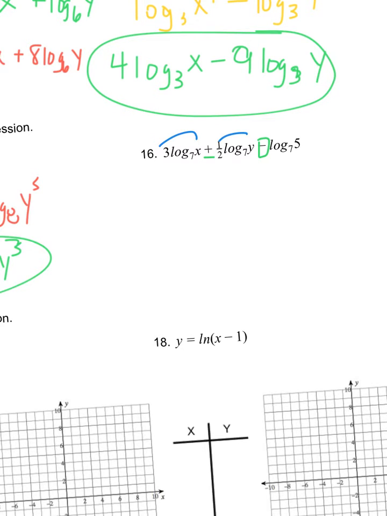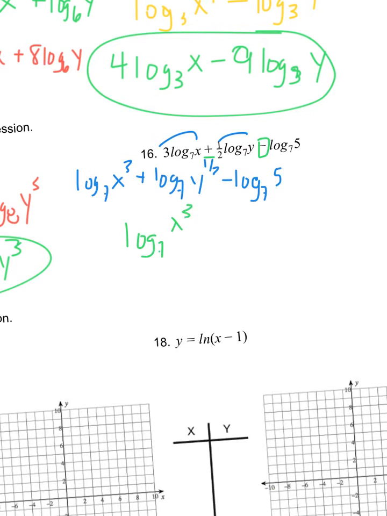So log base 7 of x to the third plus log base 7 of y to the 1/2 minus log base 7 of 5. And now multiply the first two. So log base 7 of x to the third y to the 1/2. What's next? Divided by, since it's minus, a 5. And that's your final answer.